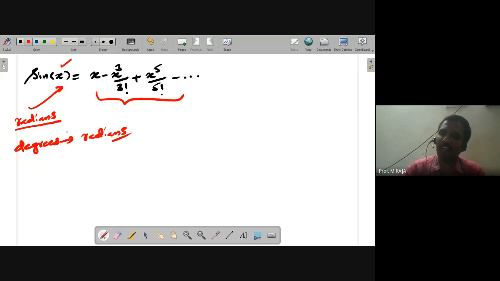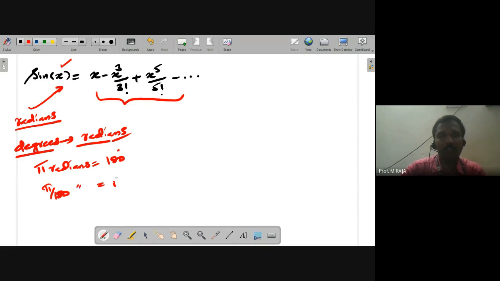So first, let us convert the degree to radian relationship. What is the relationship between degrees and radians? Pi radians is equal to 180 degrees. So pi by 180 radians is equal to 1 degree.